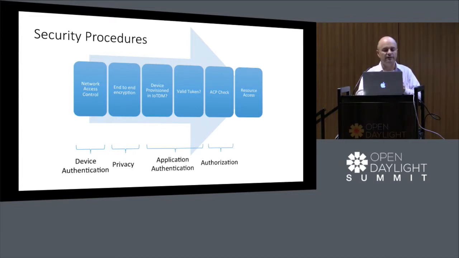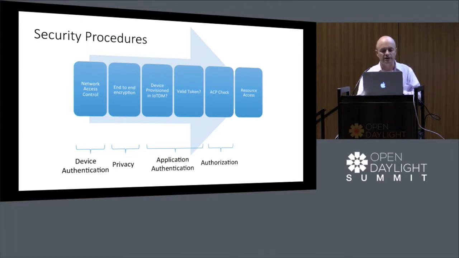Then once you have established an end-to-end tunnel between IoTDM and the device, and again, device is a generic term, it could be a gateway, you establish a connection and you verify if the device is known. Has it been provisioned in IoTDM before?